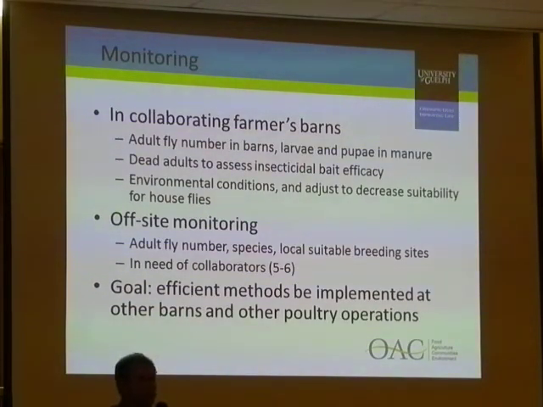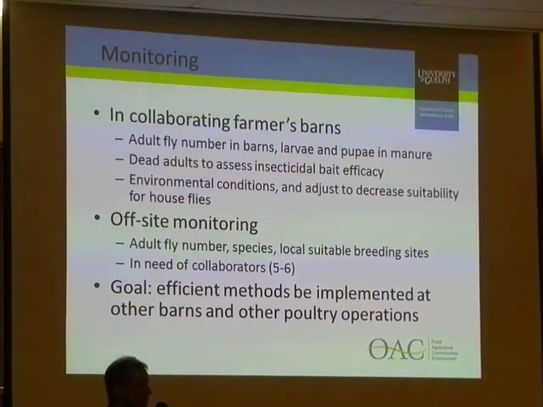To know if it's working, we need to monitor all that, and we have many ways of monitoring. We're monitoring with sticky traps. We're monitoring with white cards that the fly will just stop on and rest, and they make a little spot there, and we count the spots.